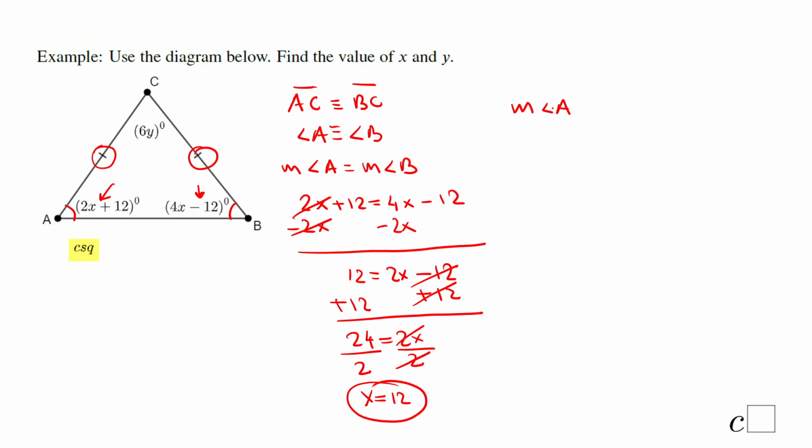Let's say angle A. That will be 2x plus 12, so 2 times 12, 24, plus 12, that will be 36 degrees. That's the measure of angle A. The measure of angle B will be the same, because these two angles, if you remember, are the base angles, 36 degrees.